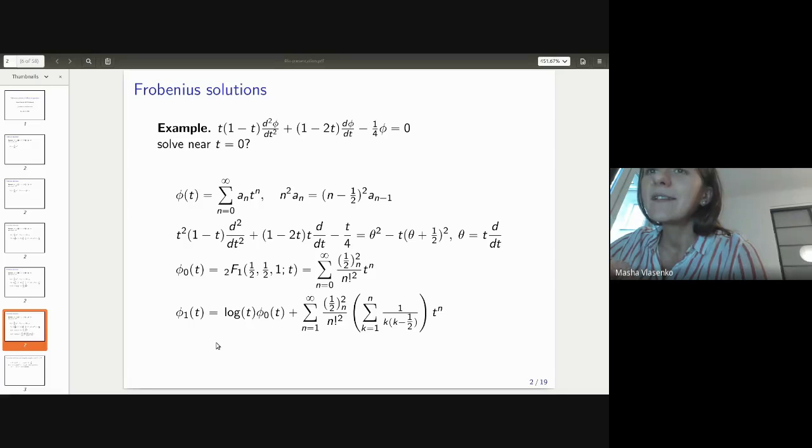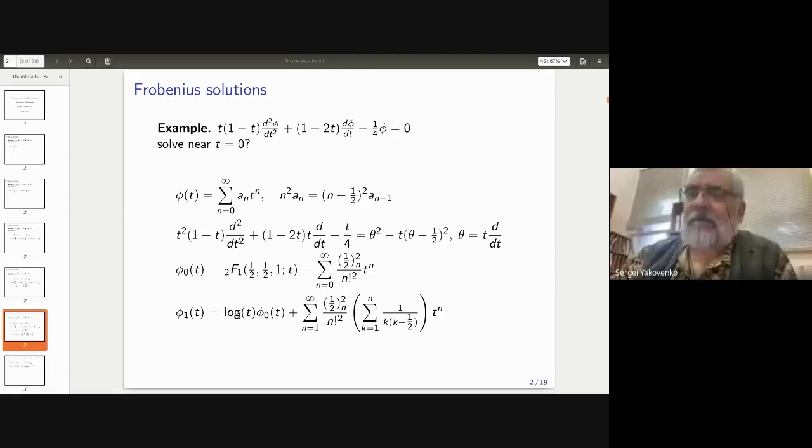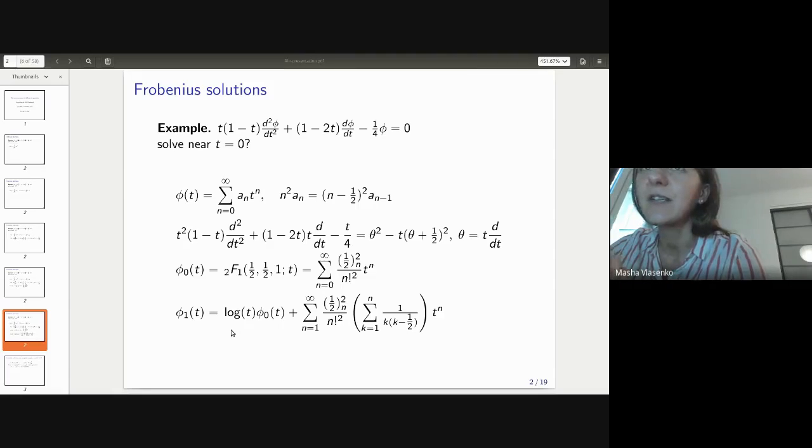This effect, that we have power series solutions and solutions that are polynomials in the log over power series with coefficients in power series, is a theorem due to Frobenius from the 19th century: near a regular singular point, we can always find a basis in the space of solutions consisting of power series and logarithms.